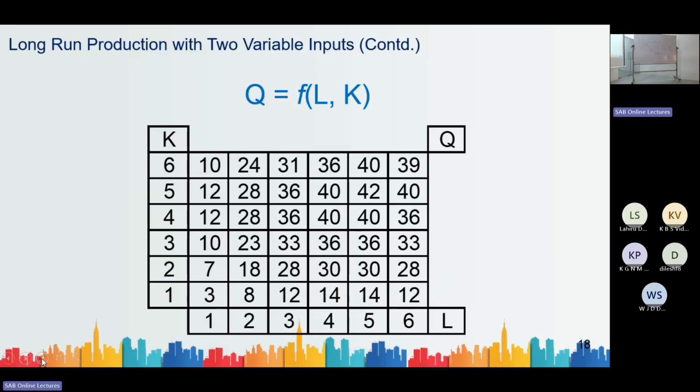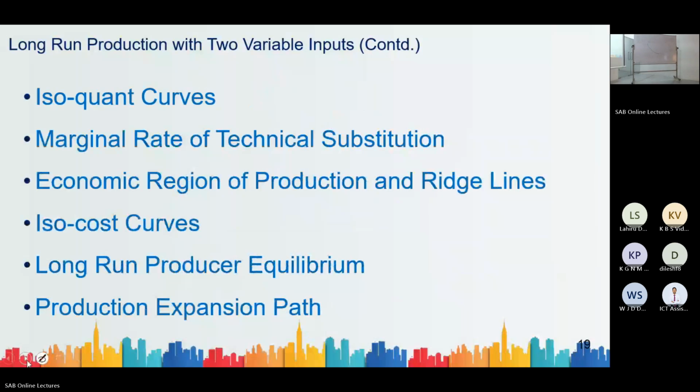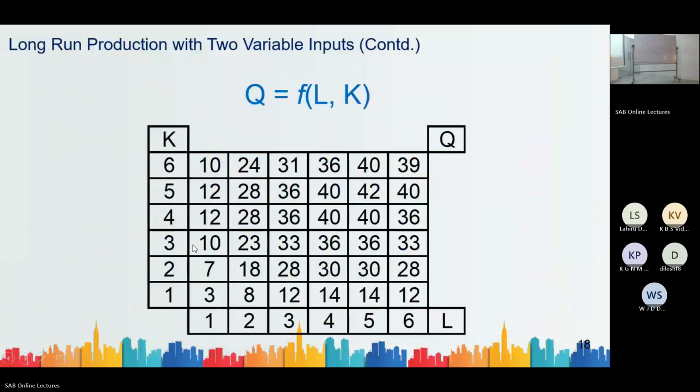So with that knowledge, what are the isoquant curves that we can draw? For 36, we can draw an isoquant.